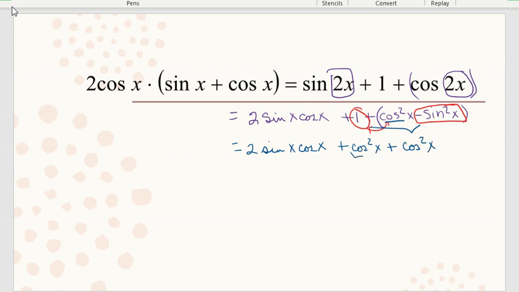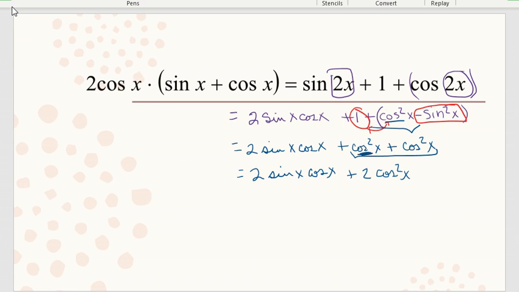Now, what happens when I have 2 of these guys? One of them's not positive, negative, so they don't cancel, but I have 2 of them. So 2 sine x cosine x plus 2 cosine squared x.